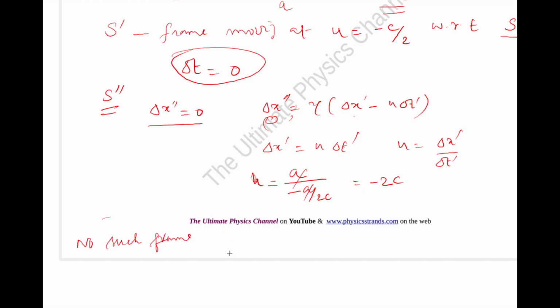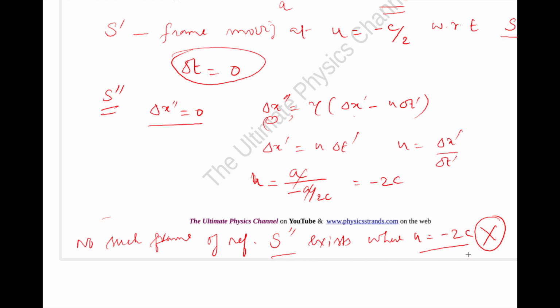So the comment that I can make on this is that no such frame of reference, S double prime or S prime, whatever you want to call it, exists. No such frame exists where its relative velocity with respect to another inertial frame can be minus 2c. That is not possible because relativity forbids any frame of reference from traveling at twice the speed of light.